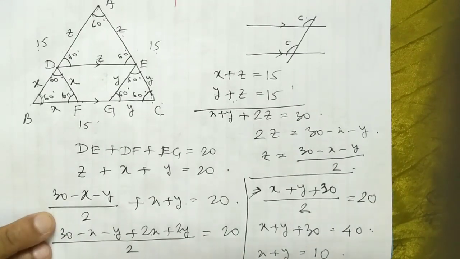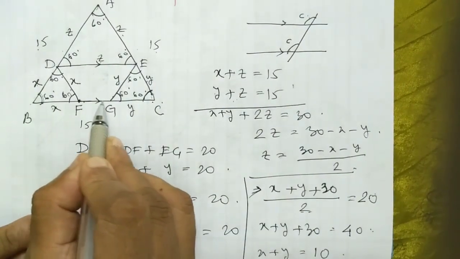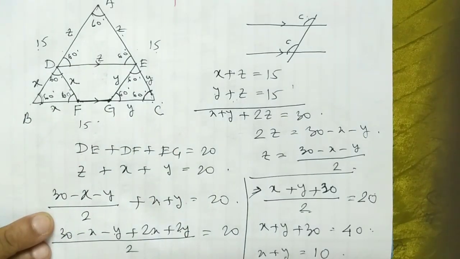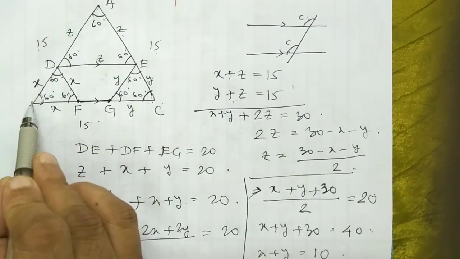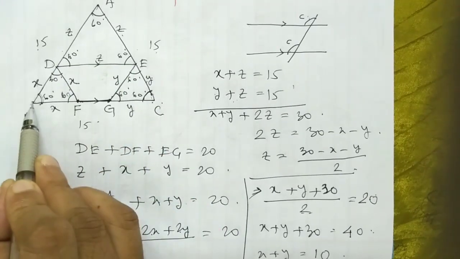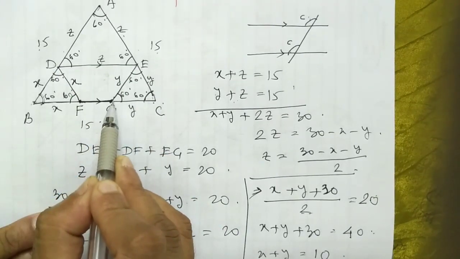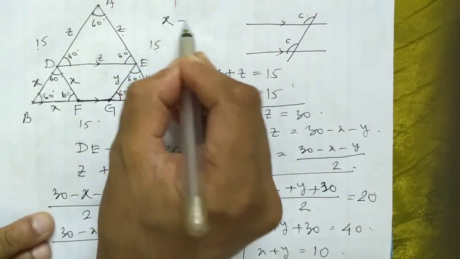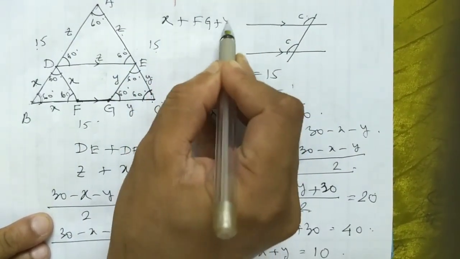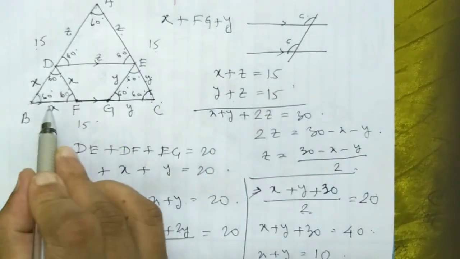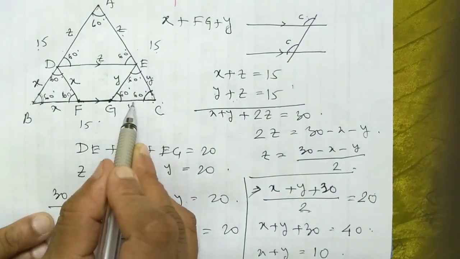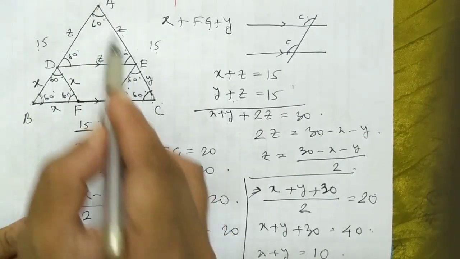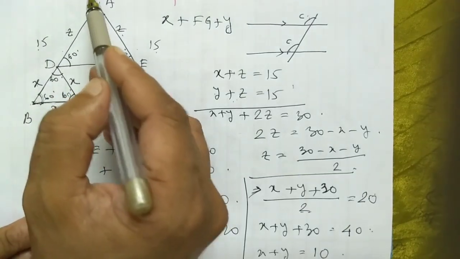But we have to find this FG. FG we have to find. Okay, FG. Now from this one, BC, what can I write? x plus FG plus y. Let us write it. x plus FG plus y equal to, this total is 15, because this is an equilateral triangle and all the sides are equal.